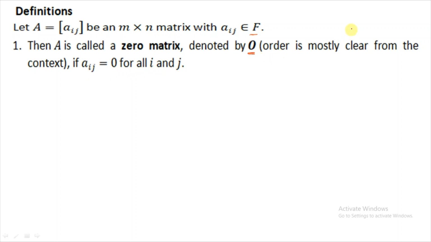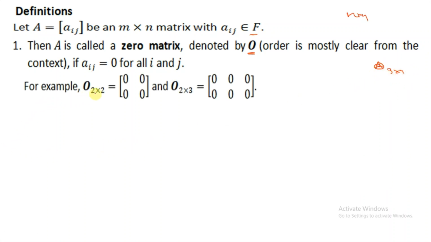Suppose A is a 3 by 4 zero matrix, meaning 3 rows and 4 columns, all elements are zeros. For example, like this 2 by 2 zero matrix, 2 by 3 zero matrix.